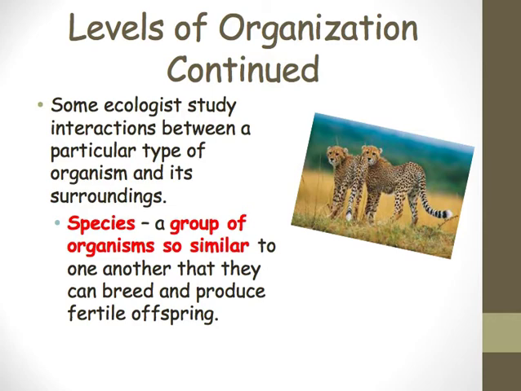Remember, a species doesn't have to be in one area. They just have to be able to reproduce if they were put together. You can have the same species on a North American continent as on a South American continent. It doesn't have to do with where they are located.